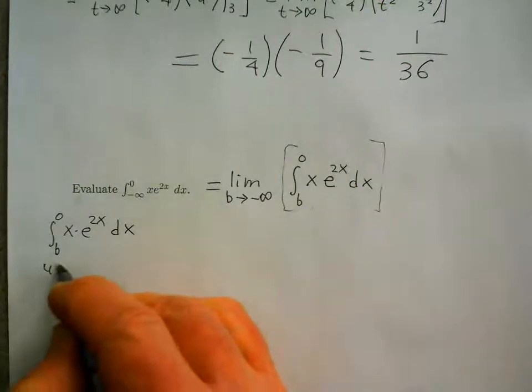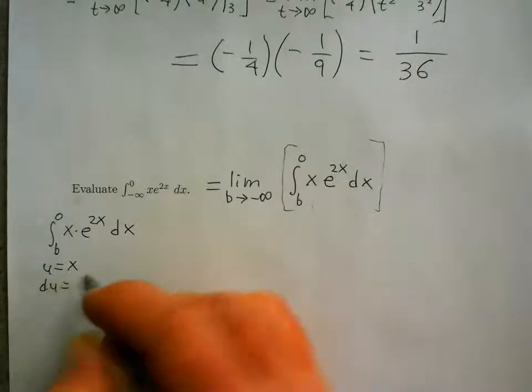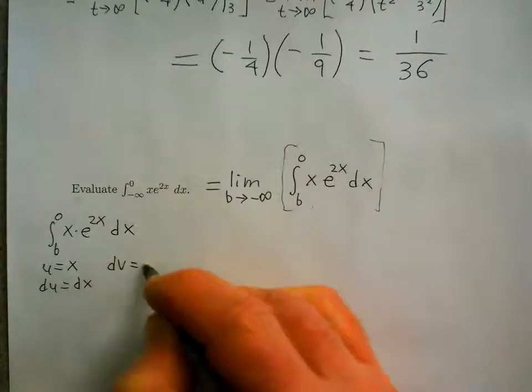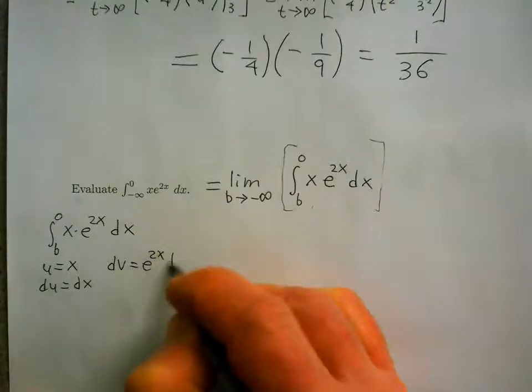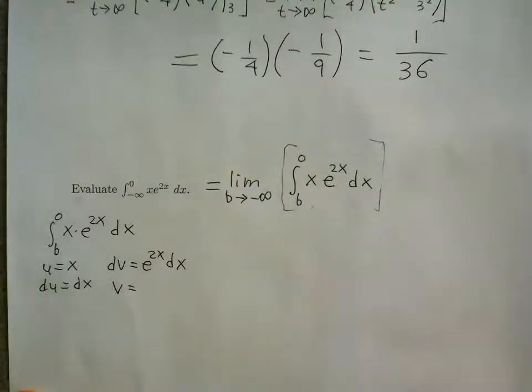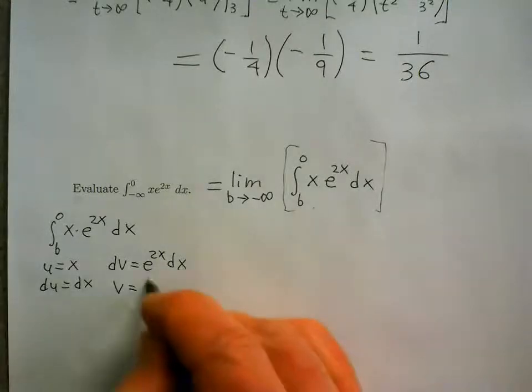So let's let u be equal to x, so that du equals dx. dv equals e to the 2x dx. And what's v? 1/2 e to the 2x.